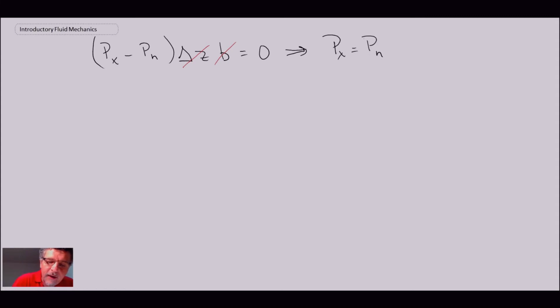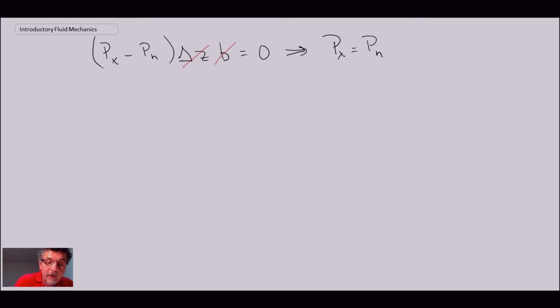So our X component force balance translates into something that looks like this. Now delta Z times B equates to 0, so this and this go, and what we are left with is Px equals Pn.